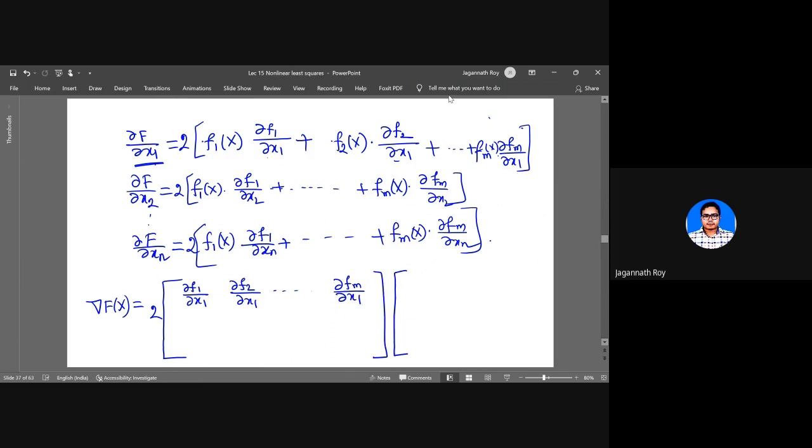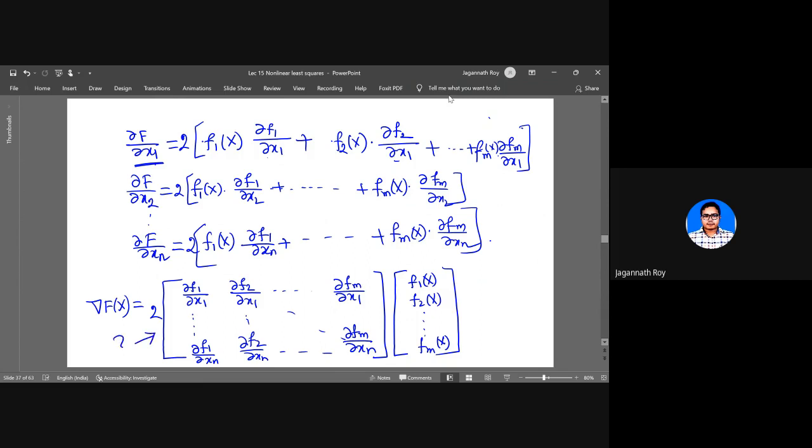And if you write it in this form, f1(x), f2(x), fm(x). So similarly, we can have this one as del f1 del xn, del f2 del xn, del fm del xn.